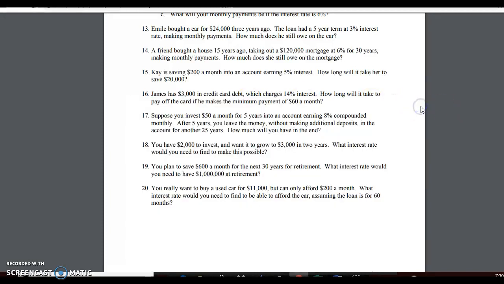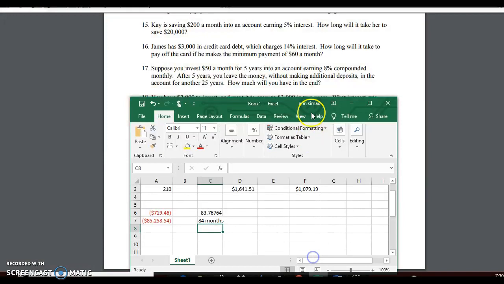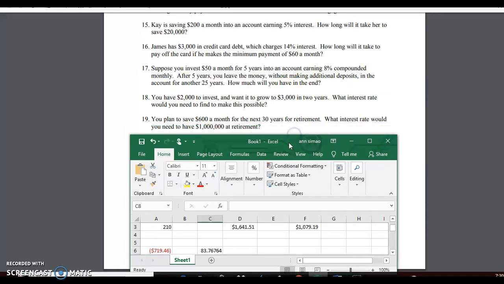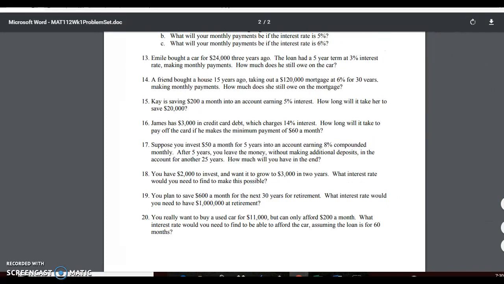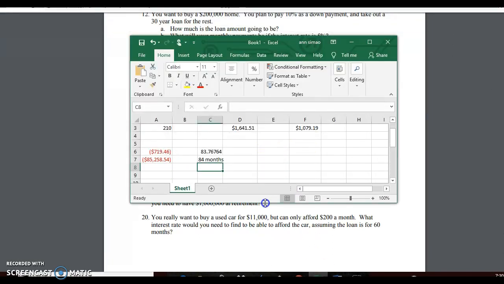The last question I had a few questions on was number 20 here. You really want to buy a used car for $11,000, but can only afford $200 a month.